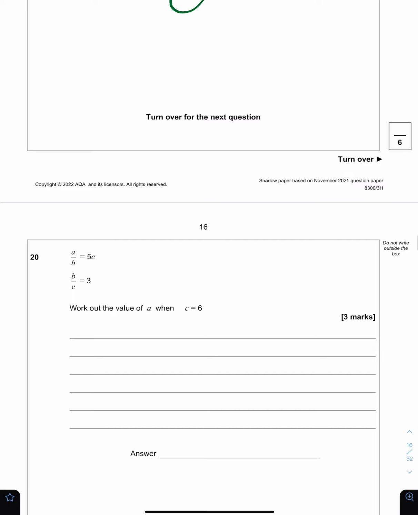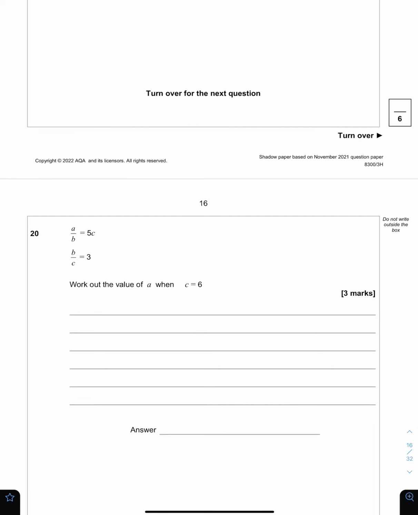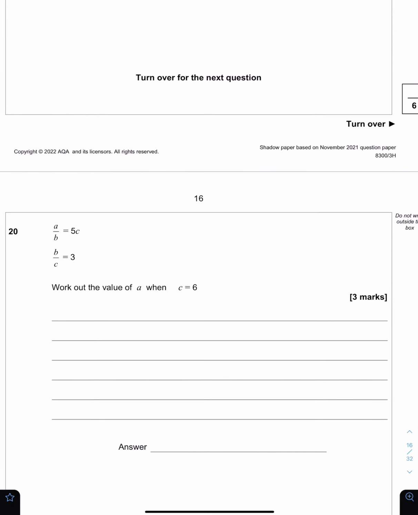Okay, moving on. Next it says a over b is equal to 5c, and b over c is equal to 3. All right. So work out the value of a when c equals 6. Okay. Well, let's substitute c equals 6 then. So sub c equals 6.